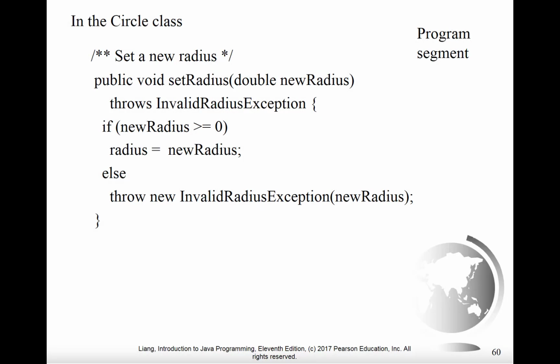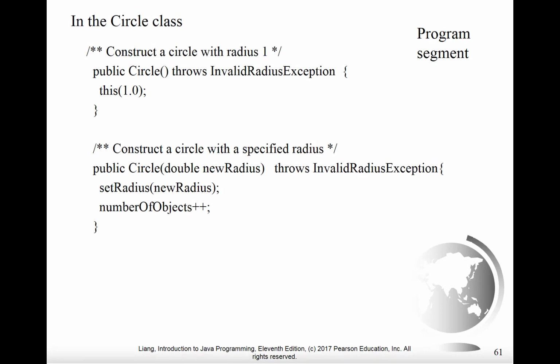Within the circle class, we're going to have a setter for the radius, and it's going to potentially throw an invalid radius exception, so we declare it that way. The first thing we do is we check to see that the radius is legal, that it's greater than or equal to 0, and if it is, then it's fine to go ahead and set the radius equal to that new radius. Otherwise, we're going to immediately throw a new invalid radius exception, passing in an argument of the new radius.